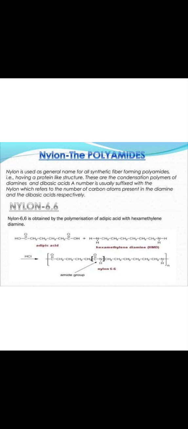Nylon is used as a general name for all synthetic fibers forming polyamides. They have a protein-like structure, and are formed by condensation polymerization of diamines and dibasic acids, which gives rise to nylons. Those are called polyamides.